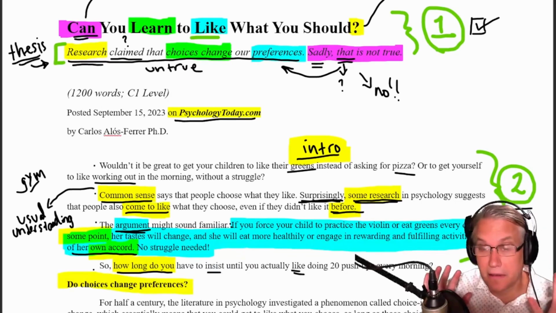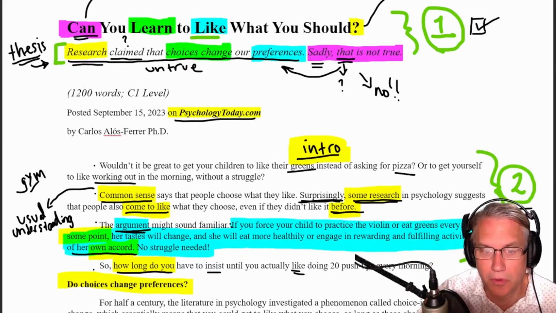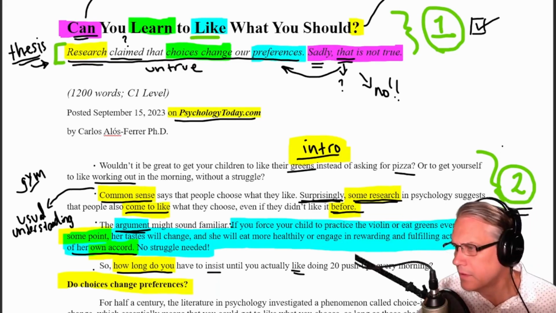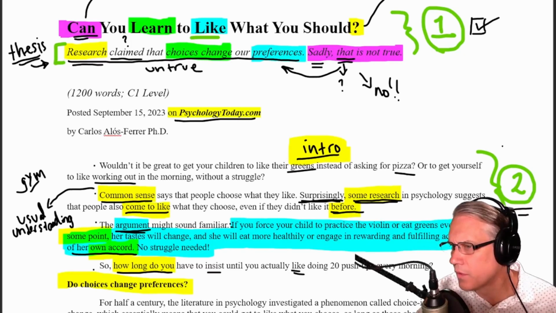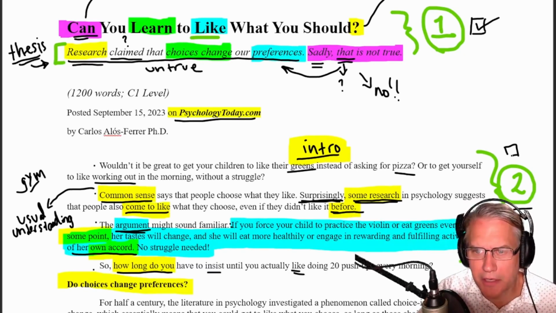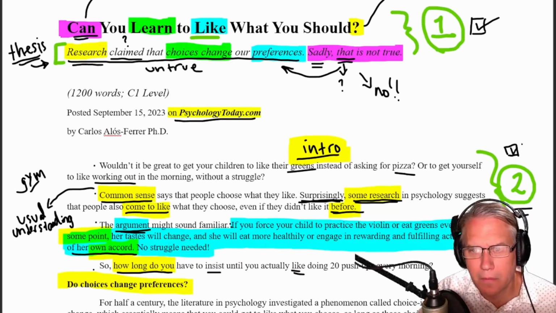That's my guess, but I haven't read the article yet, so I'm not sure exactly how this will go. All right, well, that's fine for part 2. I'm going to check that off like this.